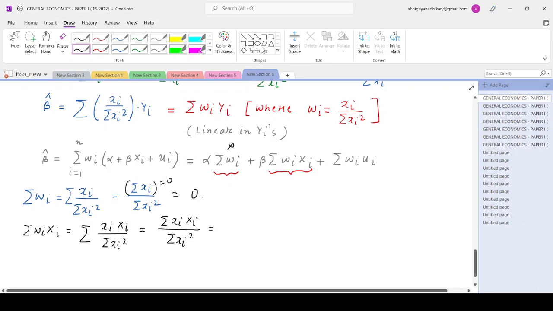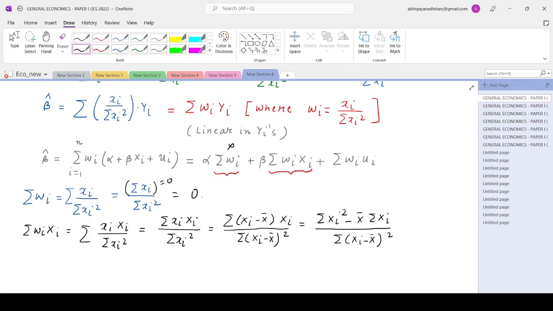So small xi is capital Xi minus x bar times xi, and the denominator will be summation small xi, that is capital Xi minus x bar, whole square. So this will be basically summation small xi square minus x bar small xi, divided by summation capital Xi minus x bar whole square.